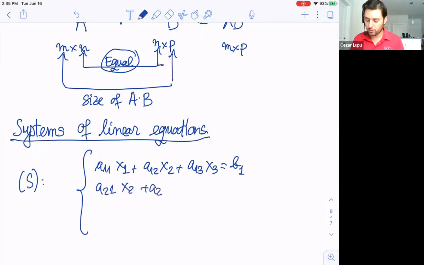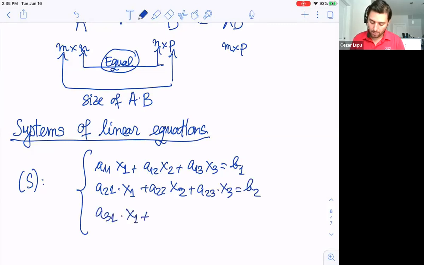A21x1, sorry, there's a mistake in the notes, plus A22x2 plus A23x3 equals B2, and A31x1 plus A32x2 plus A33x3 equals B3. So this is a system.